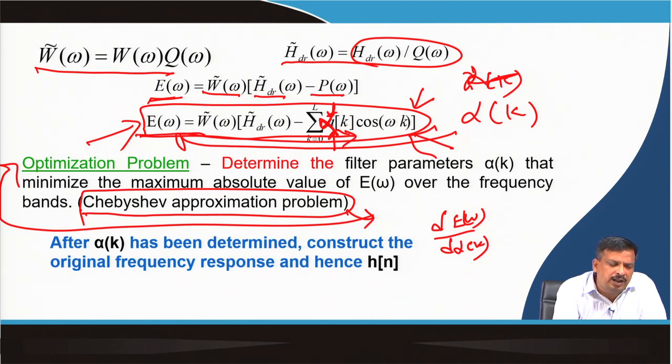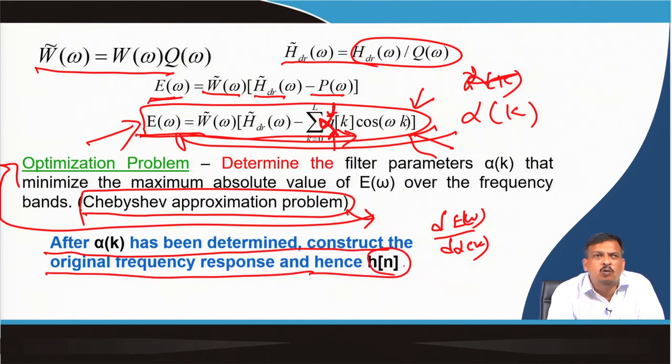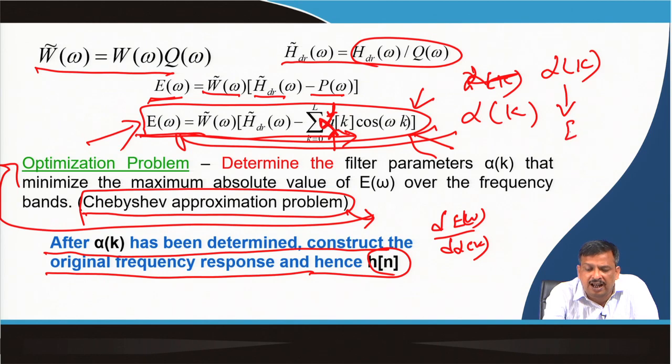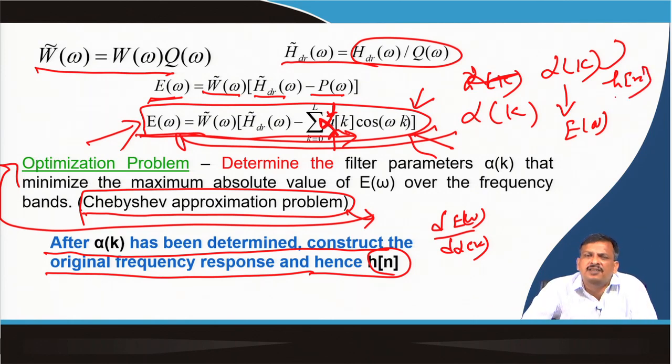So, what is our job? Our job is, once alpha k has been determined, to construct the original frequency response and hence h n. Once I minimize E omega, for that set of alpha k for which the error is minimum, from that alpha k value I can design h n. So, h n is given, alpha k is derived, calculate the error, minimize the error and modify that h n.